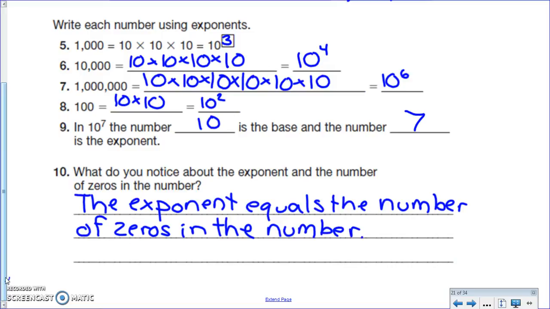This trick only works when the base is 10, but it works anytime the base is 10. So if you have 10 to the 15th, you know it's a 1 followed by 15 zeros.